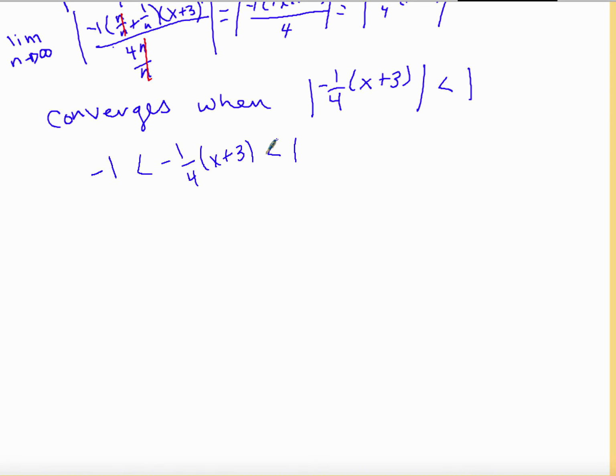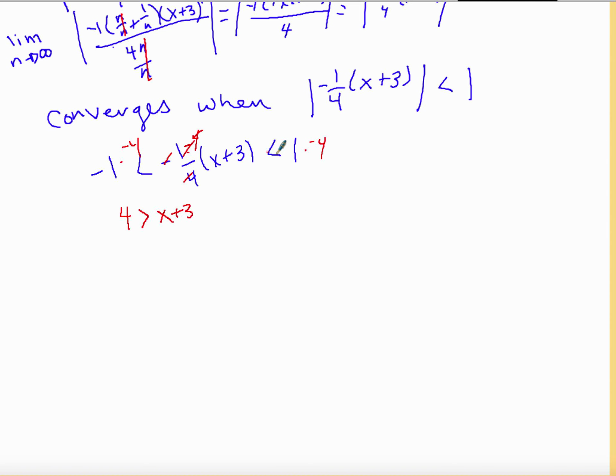I'm going to multiply both sides by a negative 4. Multiply by the reciprocal. Here my 4's reduced, my 1's cancel out. Negative 1 times negative 4 is positive 4. Don't forget your inequality sign is going to flip because you multiply both sides by a negative. That'll do it.